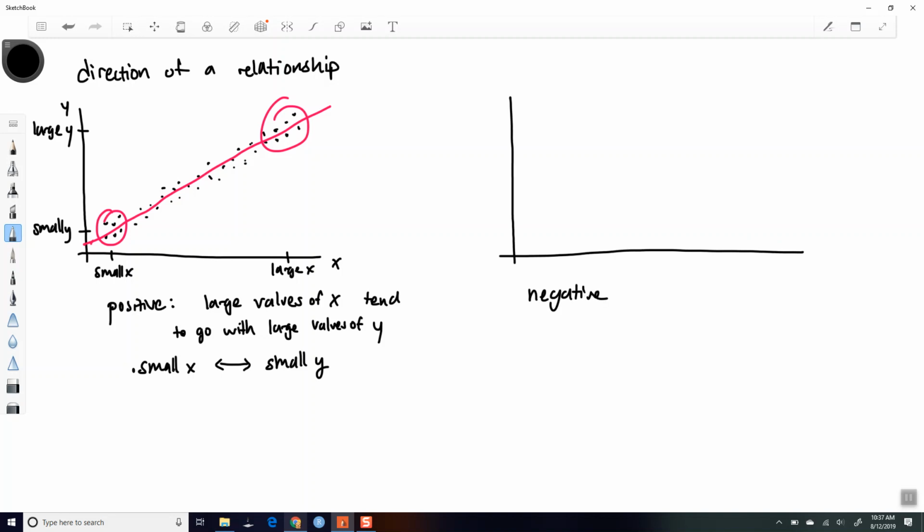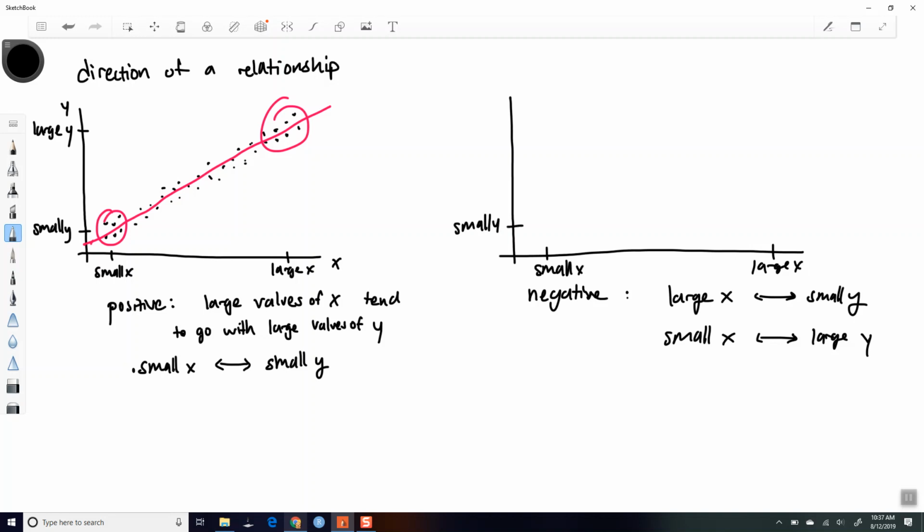The negative relationship is kind of the opposite. Negative would be something like large x tends to go with small y, and small x goes with large y. Again, this is large x over here, small x over here, small y down here, and large y up here.